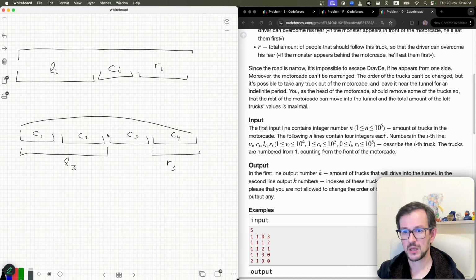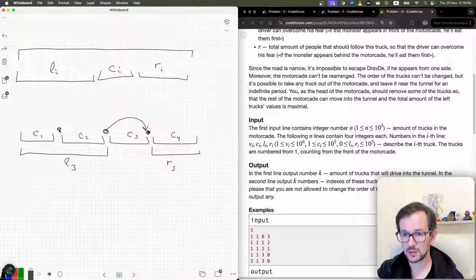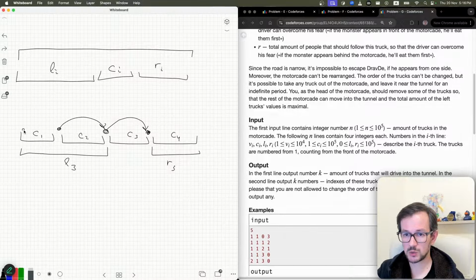You can think about it like this: every bus is an edge, from this point to this point. What we're looking for is a path from 0 to k, where k is the sum.